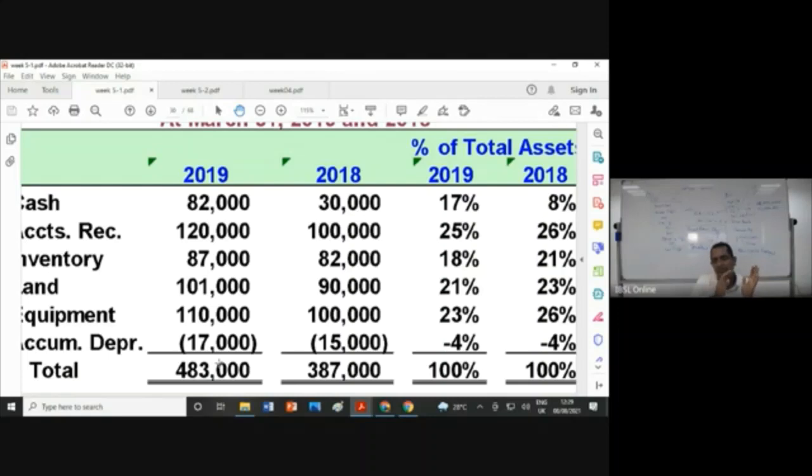Or the balance sheet as a percentage of total assets. Like that, you represent the balance sheet and the P&L as a percentage of a major item. See this one? This is the total major item. So I'm representing everything as a percentage of that. 82 divided by 483 is 17%.